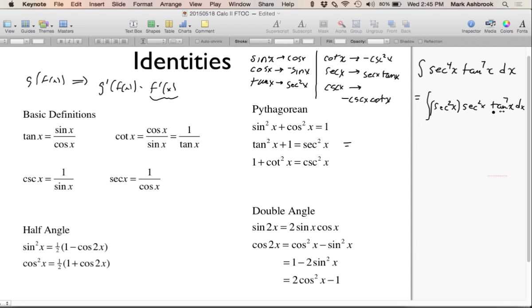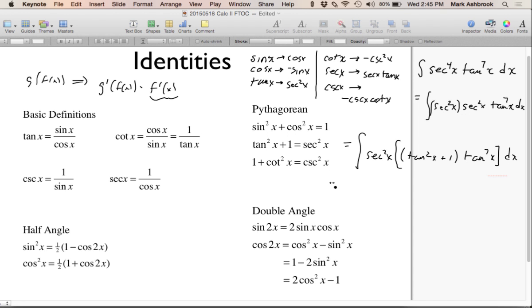I've already got tangent to the 7th, so that's good. So I'm doing secant squared x. Can I rewrite secant squared in terms of tangents? Well, it's tangent squared plus 1. And then I also have this tangent to the 7th. So now I'm going to distribute inside there.